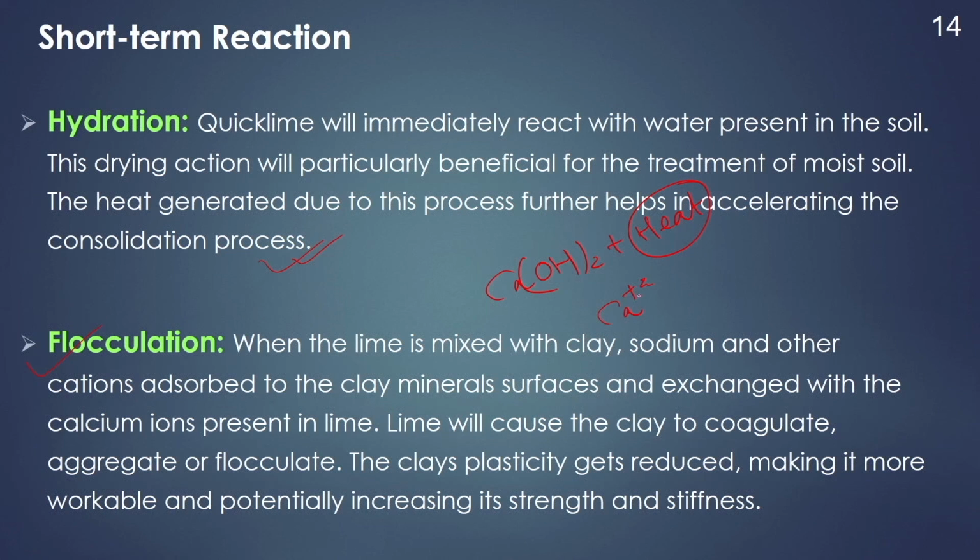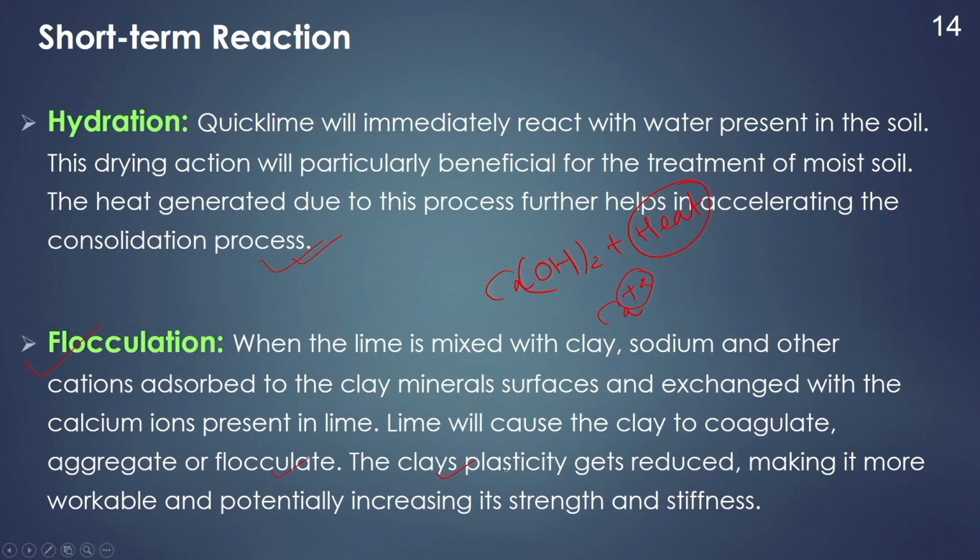Similarly, due to the positive charge of the calcium ion, it will stick to the clay surface and the diffuse double layer thickness will reduce, and as a result the repulsion between the particles will reduce, and that will reduce the plasticity behavior of the soil.